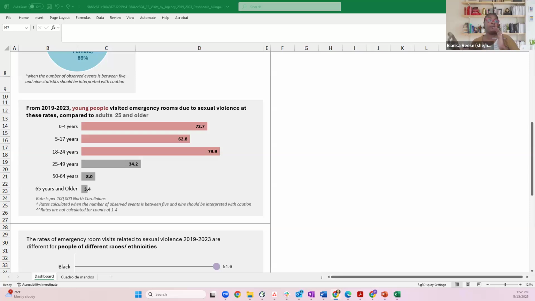It's just that they're seeking out emergency room visits less than younger children and young adults. And also you have to think about maybe parents are taking children to the emergency room. They have that access piece to it. So looking at just the raw data, you might be inclined to say, okay, 18 to 24-year-olds are experiencing sexual violence the most.